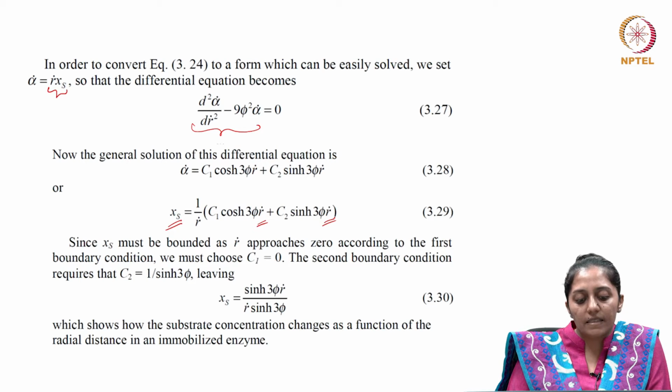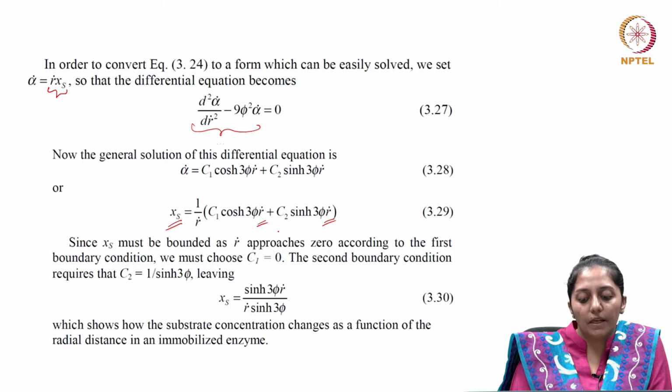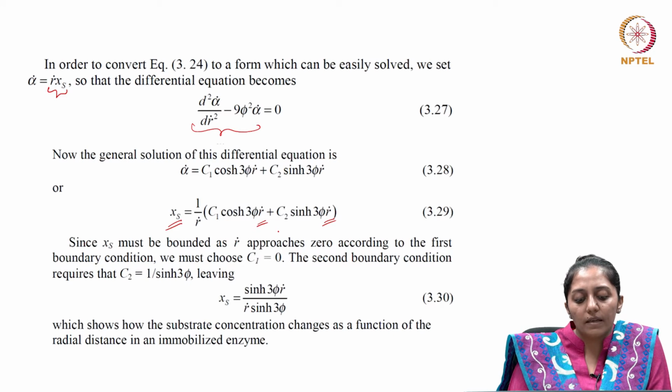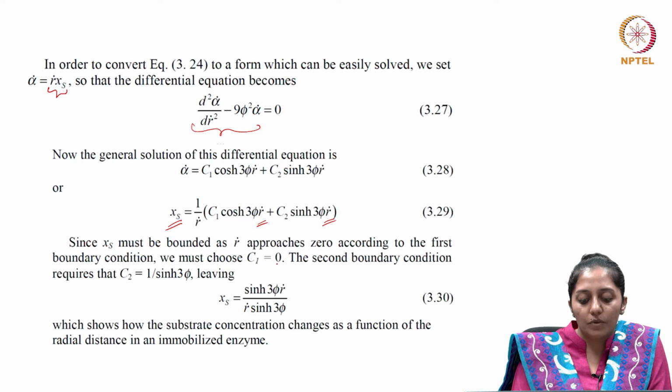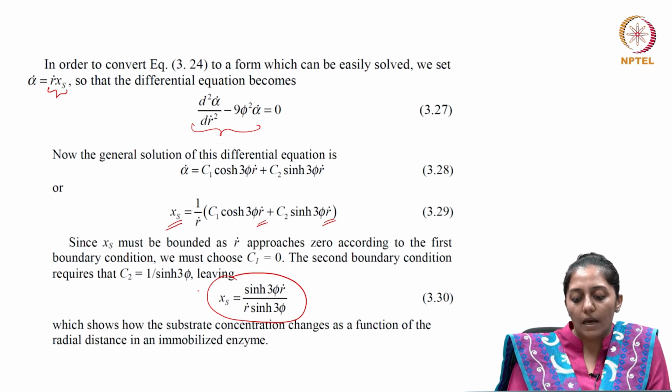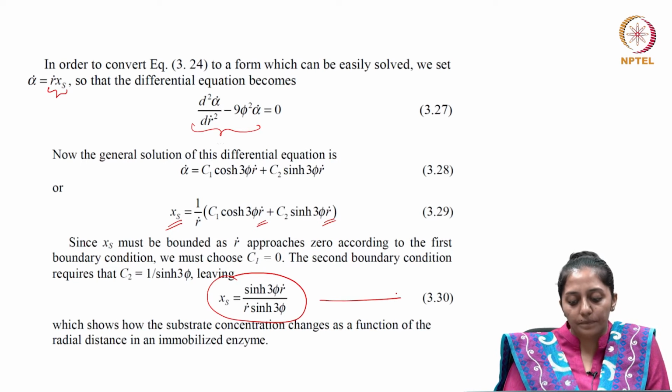As xs must be bounded when r dot approaches 0, C1 has to be chosen as 0, and using the second boundary condition, we can determine the value of C2 as 1 by sinh 3 phi. So, if C2 is 1 by sinh 3 phi, xs then becomes a function of r dot as shown in equation 3.3.